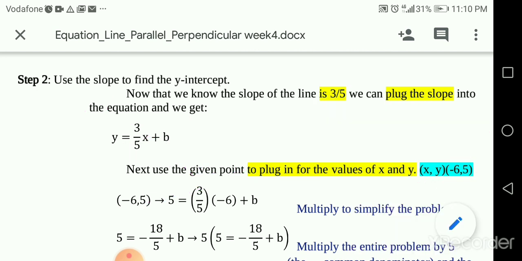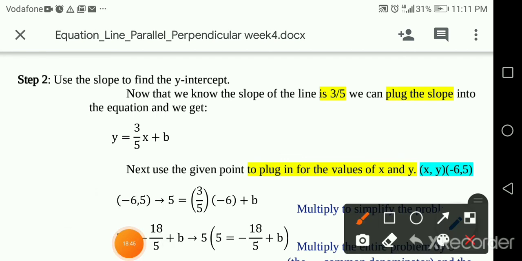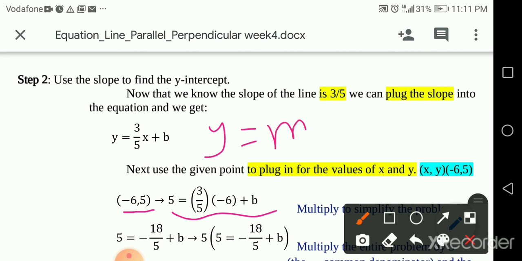Let's clear all of this to make it clear for you. You have negative 6 and 5, and my equation. Remember the equation, please write it down so you are not confused. Instead of y I write 5.